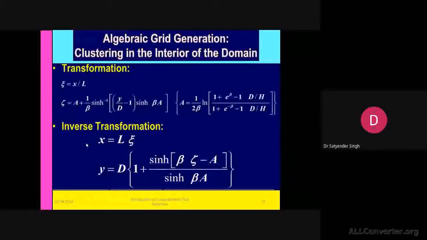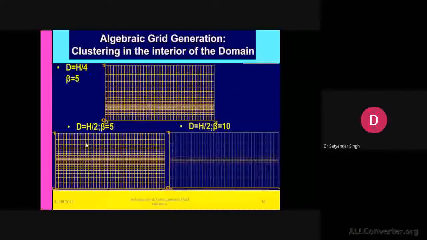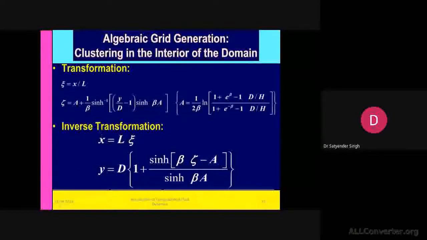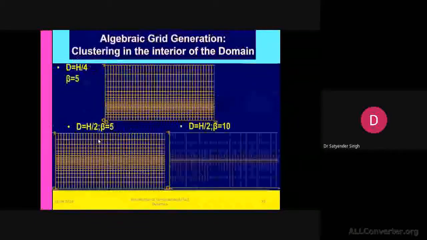This transformation can further provide clustering according to a particular region where we need the fine mesh. Let's say we want the fine grid at the center of this domain, then by using this transformation function, which is used in commercial software to create the grids.